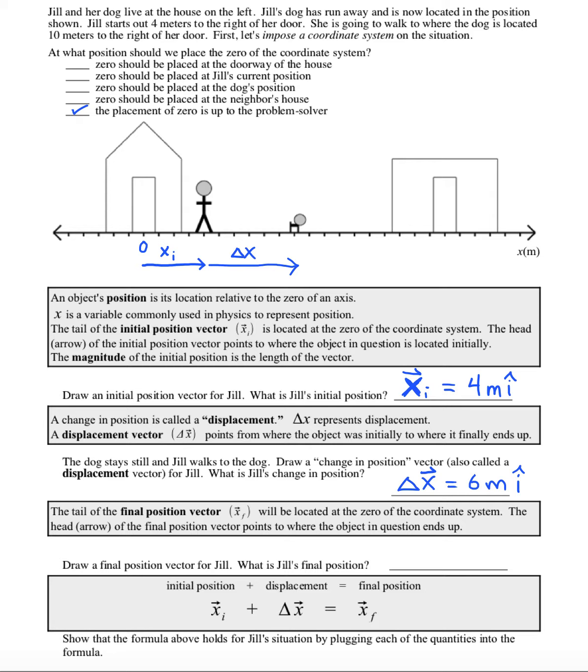Now we want to draw a final position vector. And the tail of it has to be located at the 0 of the coordinate system. And we'll let the head of it point toward where the object lands up in the question. So Jill is going to walk from 4 meters to 10 meters. So let's draw that final arrow, and we'll give it the letters x f.